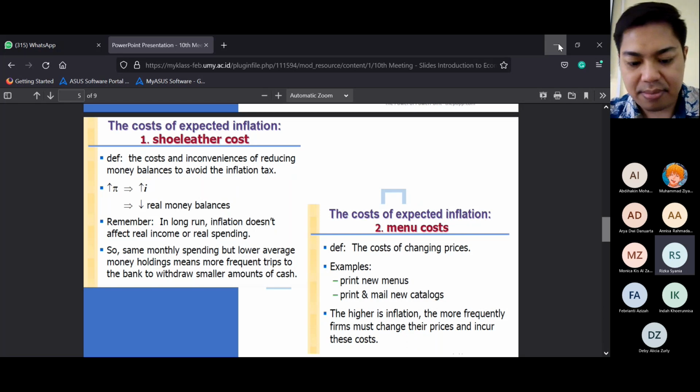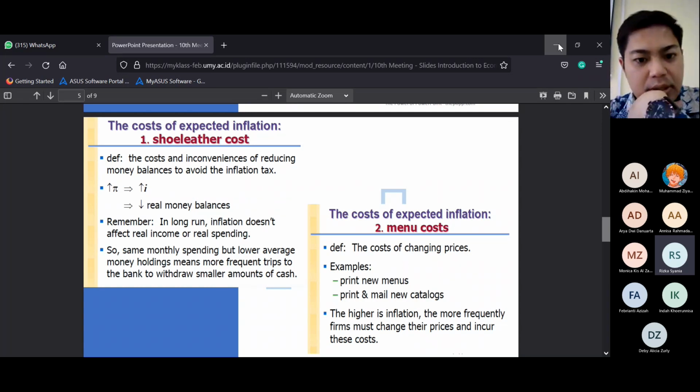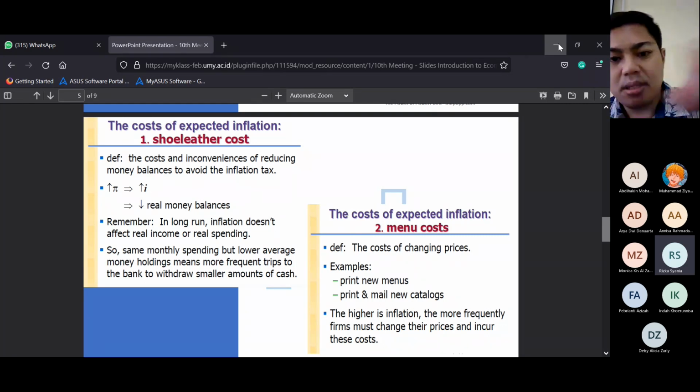The cost of expected inflation. The first one is shoe leather cost: the cost and inconvenience of reducing money balances to avoid the inflation tax. Real money balances: remember, in the long run, inflation doesn't affect real income or real spending. So the same monthly spending but lower average money holdings means more frequent trips to the bank to withdraw smaller amounts of cash.